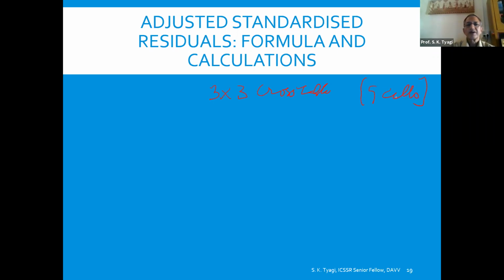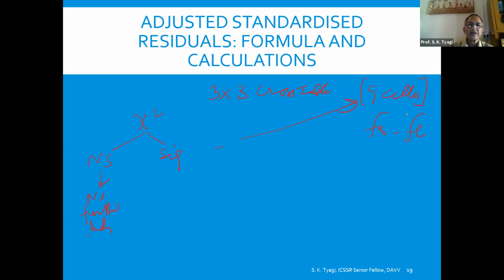Now we conduct chi-square test. Suppose chi-square test is not significant, then no further analysis is required. Suppose chi-square test is significant, then we need to further probe into these 9 cells as to where the significant differences are. Are there significant differences in all the 9 cells, or in just one cell, and in 8 cells there is no significant difference between FO and FE.